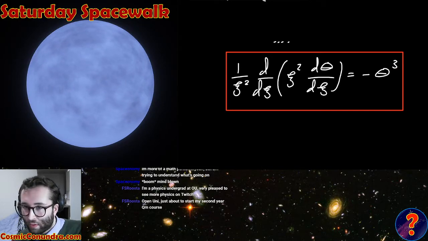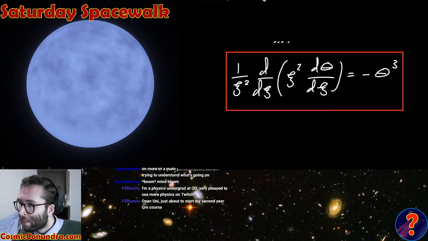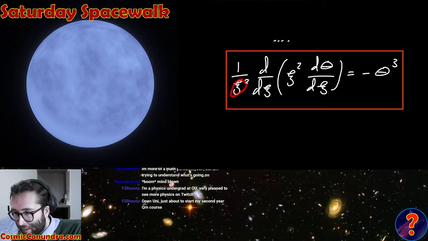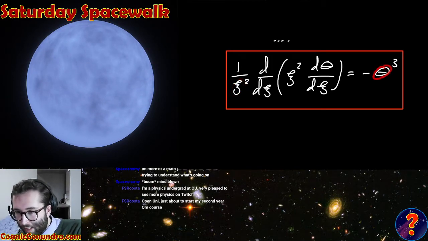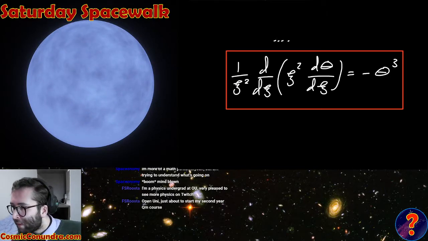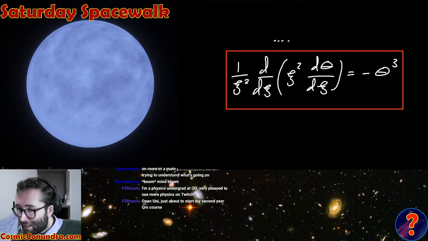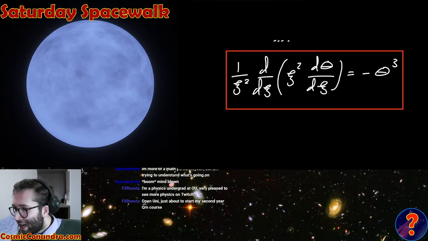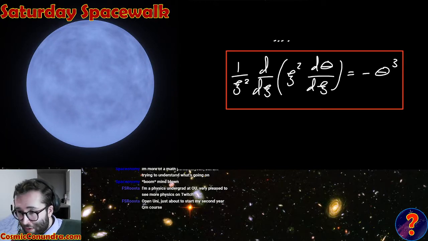So not just for white dwarfs, for different kinds of stars too. Okay. So this is our non-dimensionalized, because now our variables psi and theta are non-dimensional. They have no units to them. This is our non-dimensionalized density profile equation. And we can't solve it analytically, so we'll have to do it numerically.